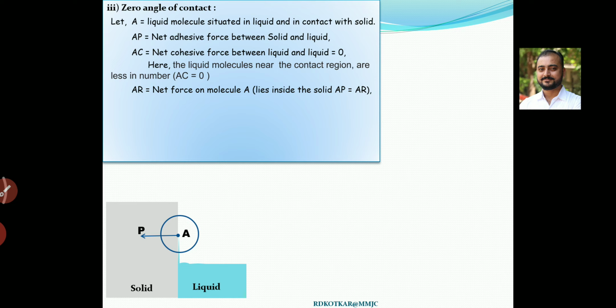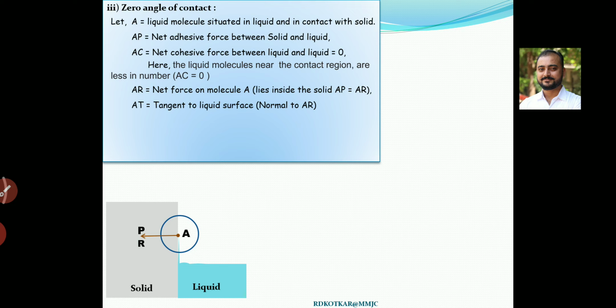So the adhesive force has a certain value, and the resultant or net force on molecule A lies along the same direction as AP, and that's why I have written AP equals AR, which is shown in the diagram. AP and AR lie along the same direction.